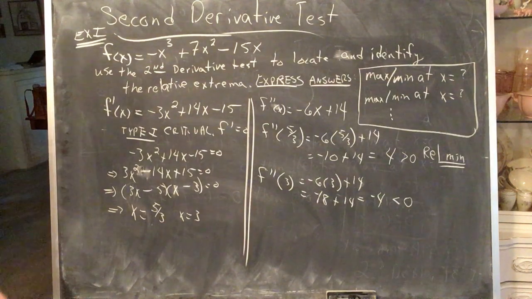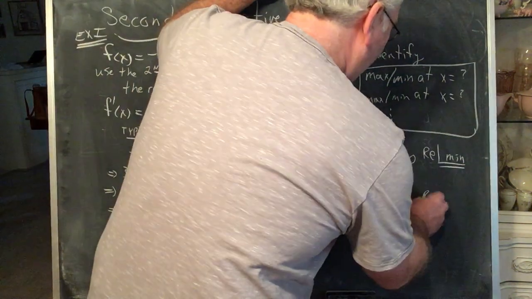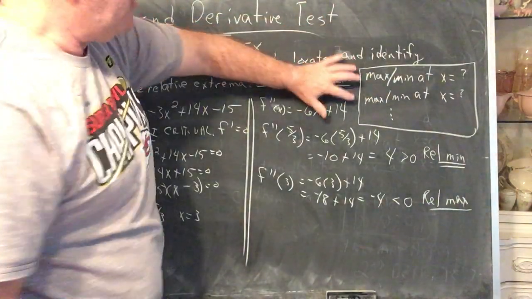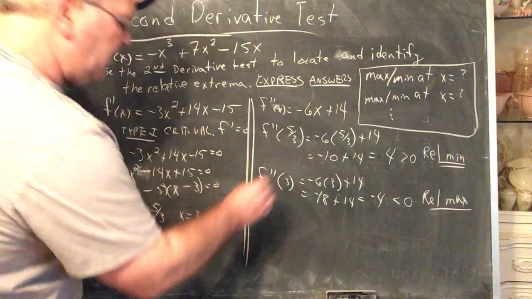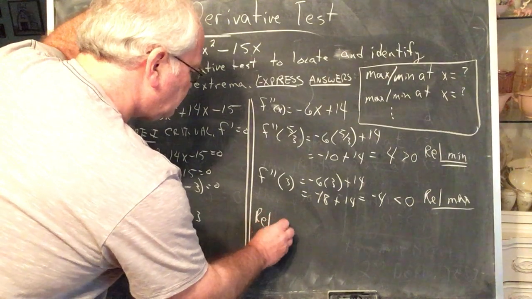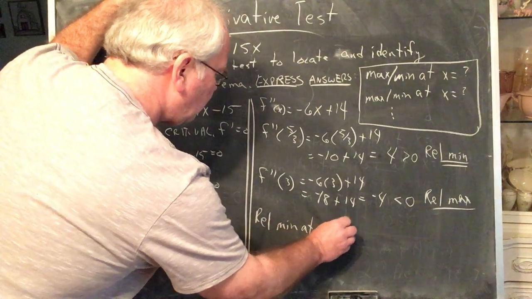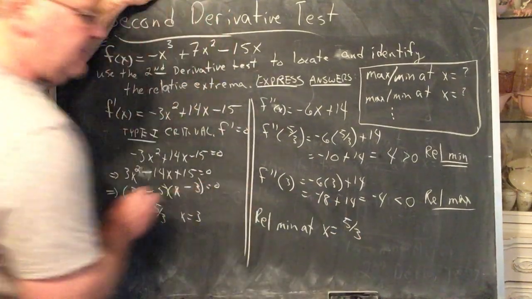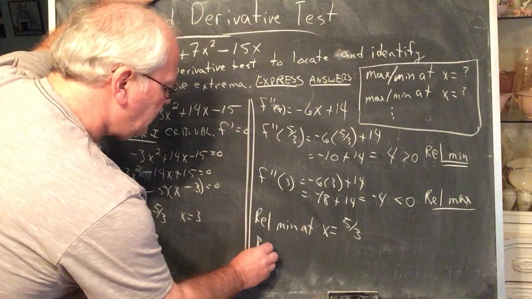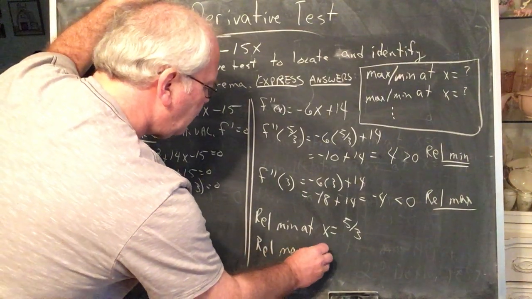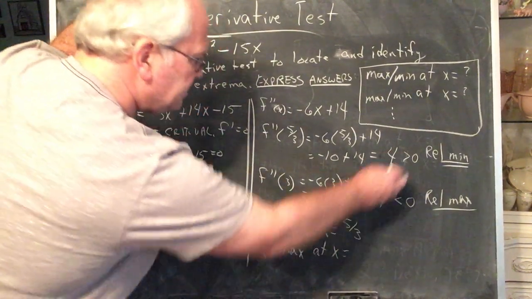So less than 0 means we have a relative maximum. And so express your answer as: we have a relative minimum at x equals 5/3. We have a relative maximum at x equals 3.